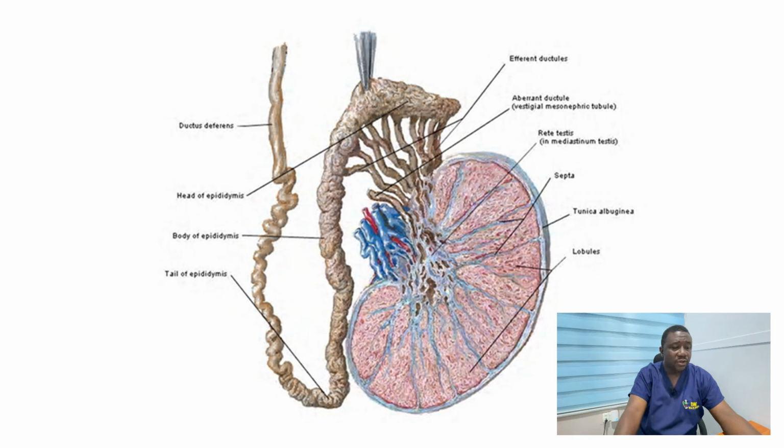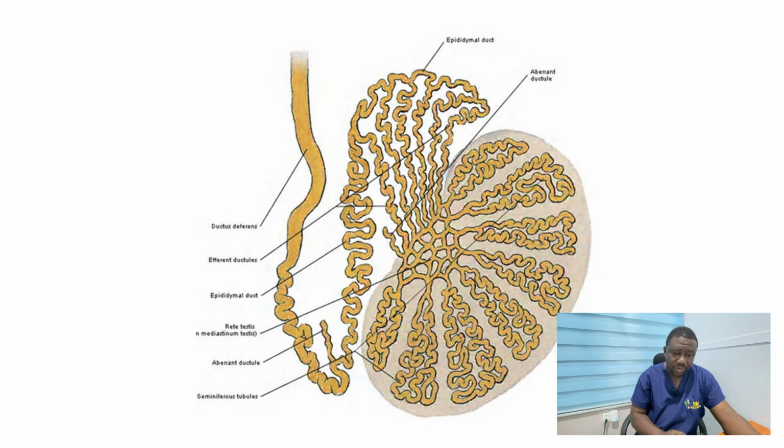When you have a cross section of the testis, this is what we see. A cross section of the testis shows the lobule between one septum and another. The structures in there are called lobules. These lobules are made up of seminiferous tubules, and these seminiferous tubules are linked up to the epididymis.